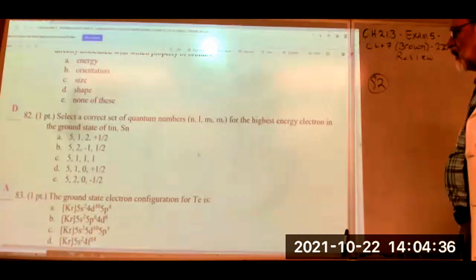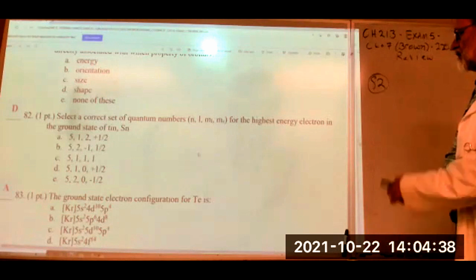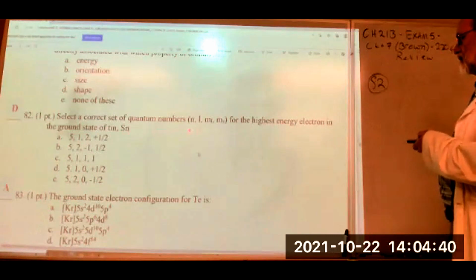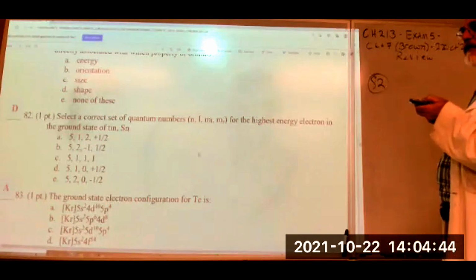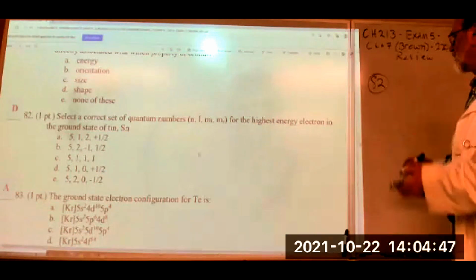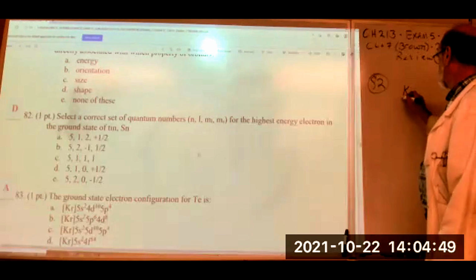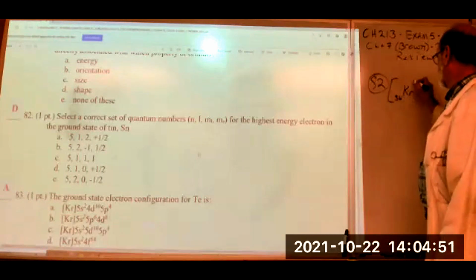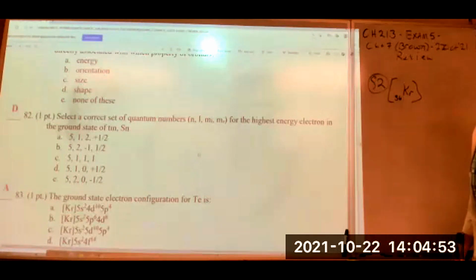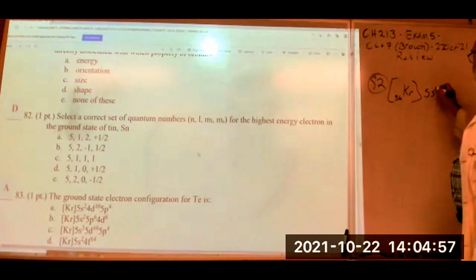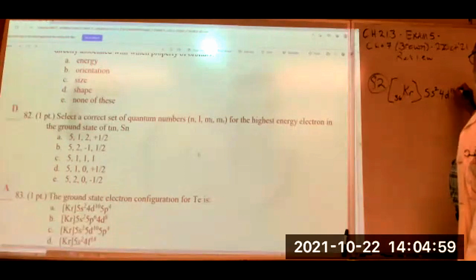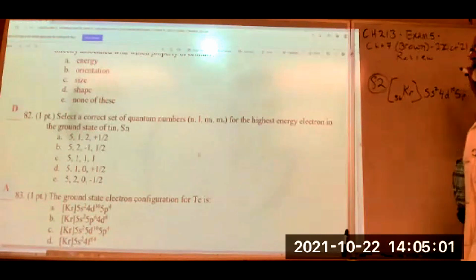So we only need to know the ground state of tin. So if we look at tin and go backwards, we've got krypton 36. And then we work our way from there. So we got 5s2, 4d10, and 5p2.